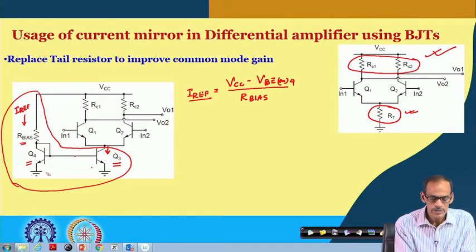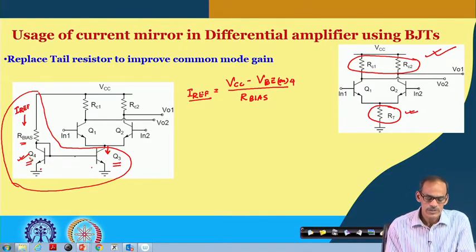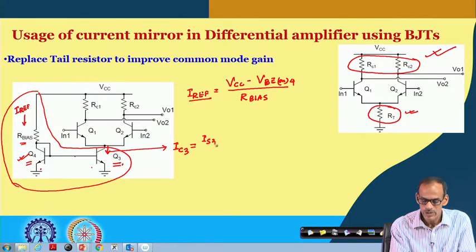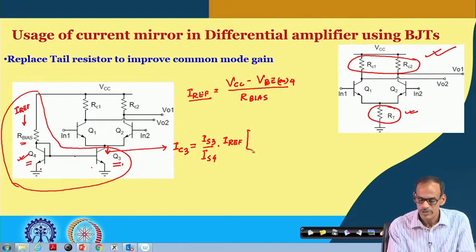And based on the reverse saturation current ratio of transistor 3 and transistor 4, we get the current I c of transistor 3, equal to I s 3 divided by I s 4 multiplied by I reference, of course, multiplied by 2 non-ideality factors.